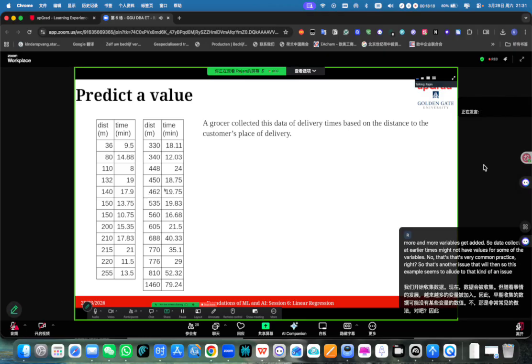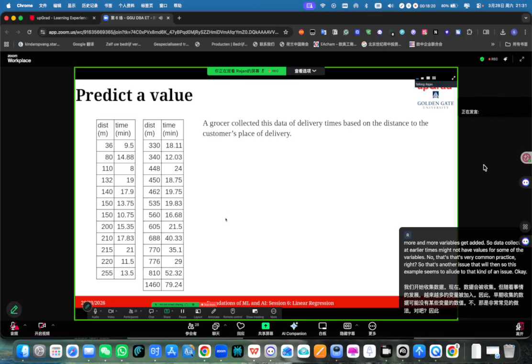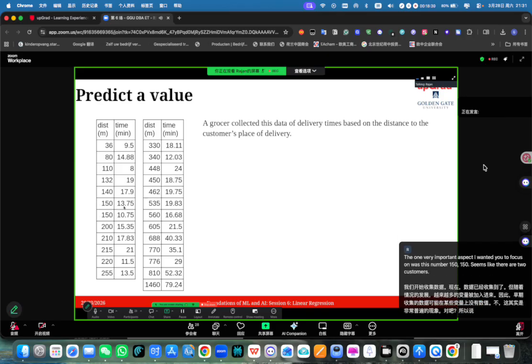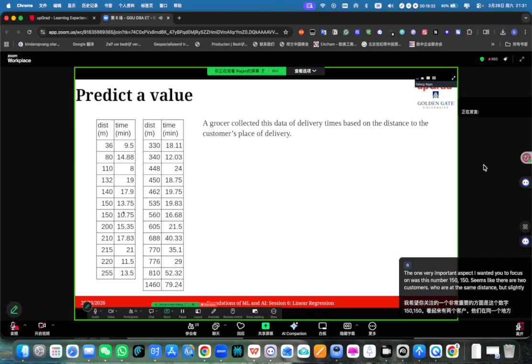One very important aspect I wanted you to focus on was this number: 120, 150, 150. It seems like there are two customers at the same distance but slightly different delivery times, right? Look at this similarly: 210, 250, 220.